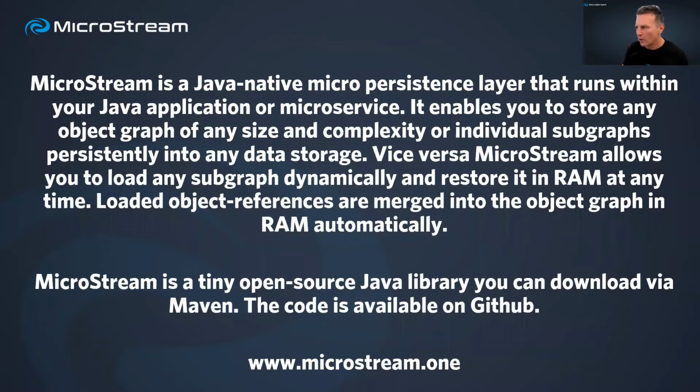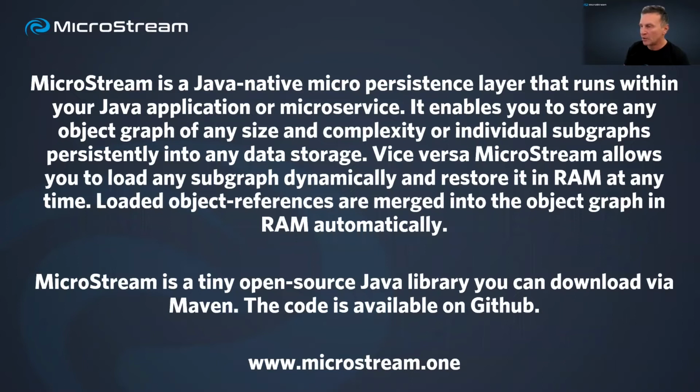So you can store your objects, but with MicroStream, we store native Java object graphs, which means there is no more object relational mapping. There's no more data conversion behind the scenes. So we store real Java object graphs, and we are able, vice versa, to load Java object graphs and restore it in memory when it's needed.